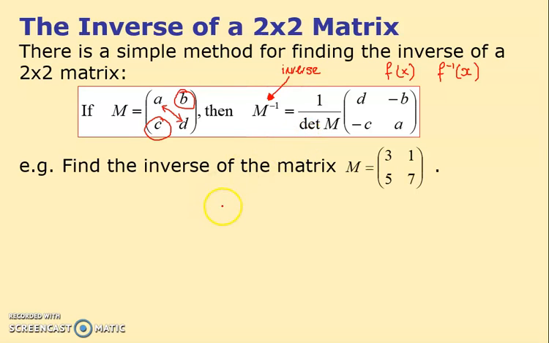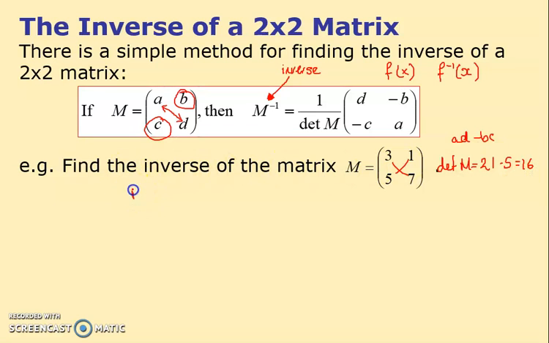Anyway, so if I was asked to find the inverse of this matrix, the very first thing I'd do is find the determinant. Remember the formula is AD minus BC using this setup. So AD is 21. There it is. And 1 times 5 is 5. So that's 16. That's an unusual number, but there you go, that's what it is.